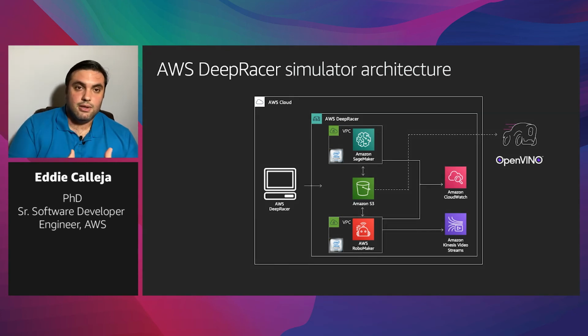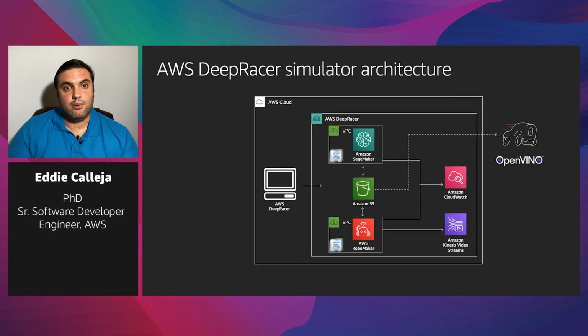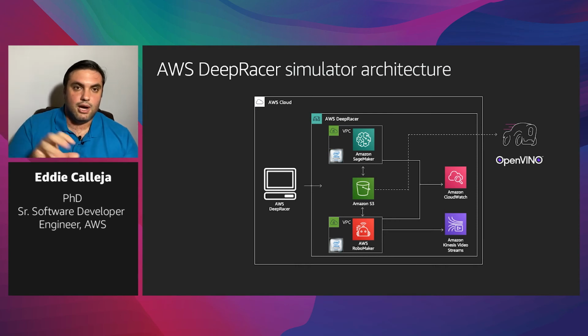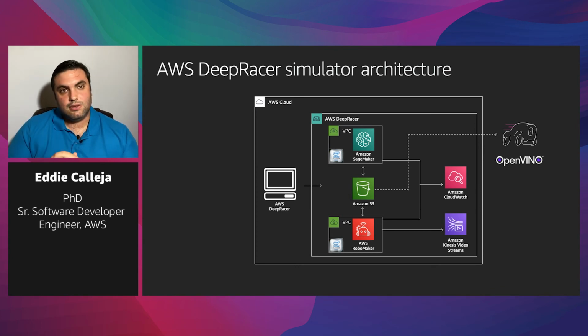And the training algorithm runs on AWS's one-stop machine learning platform, AWS SageMaker. So basically, we set up behind the scenes in our service account these two jobs, and we have them communicating via an S3 bucket.